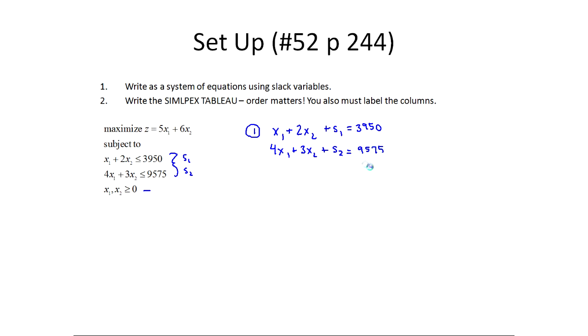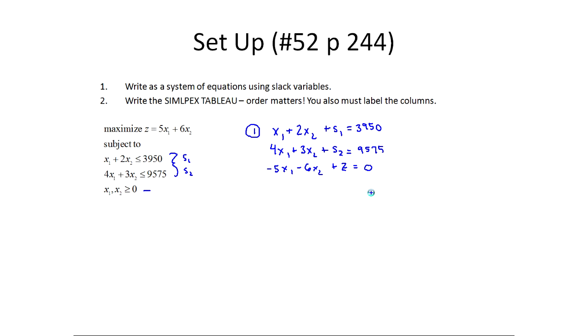And then what about my objective function? So here's my objective function right here. Well, what we do is we bring over everything to one side. So you're going to have minus 5x1 minus 6x2 plus z equals 0. So anytime you're asked to set up the system of equations, this is what you're doing using slack variables. And now this gets translated into a Simplex tableau.